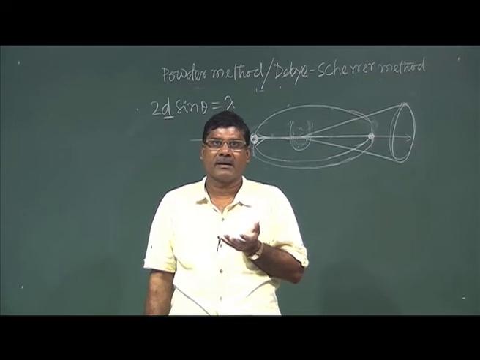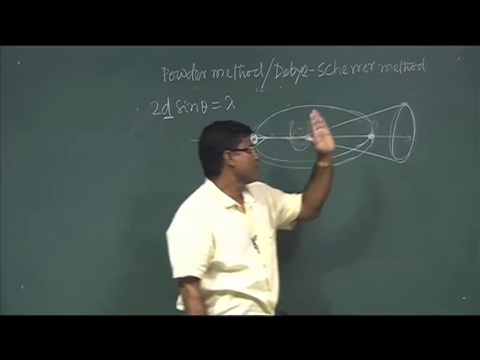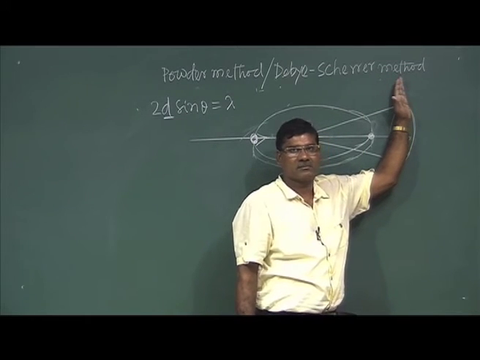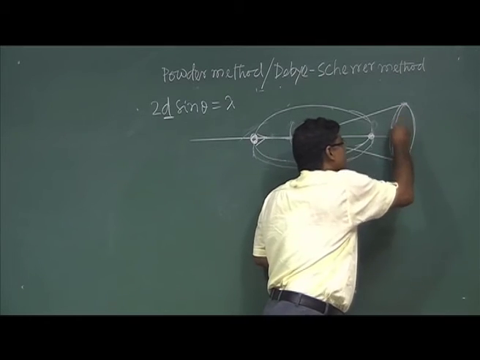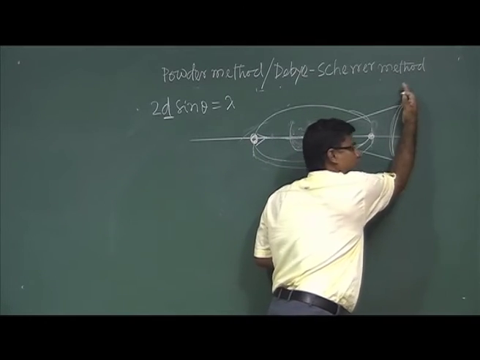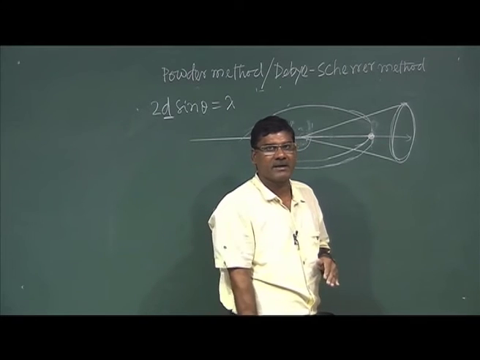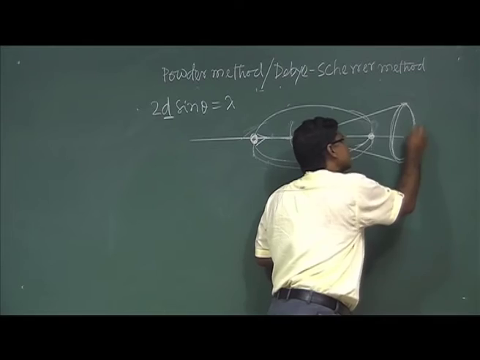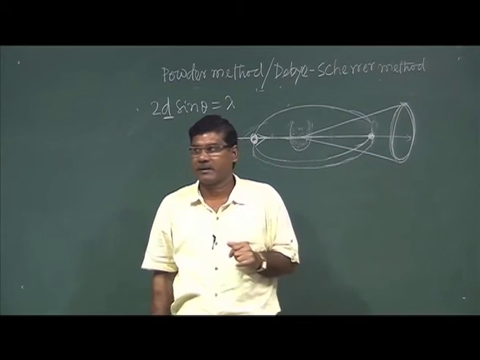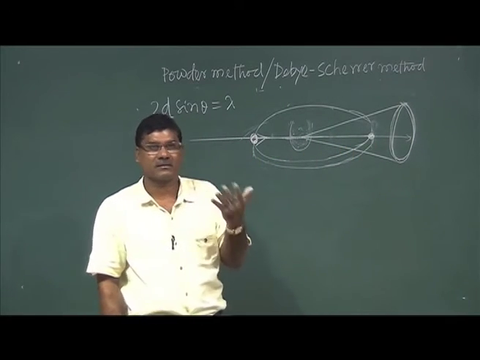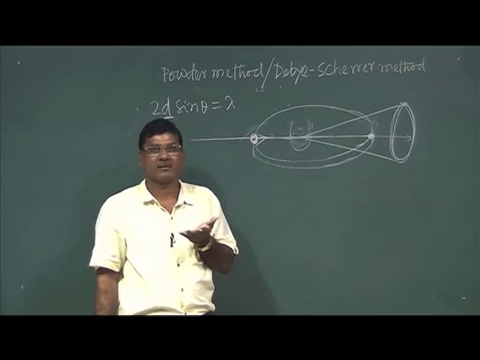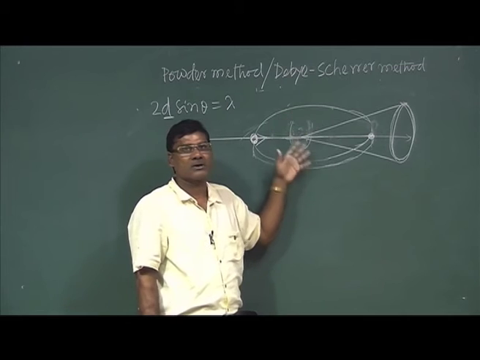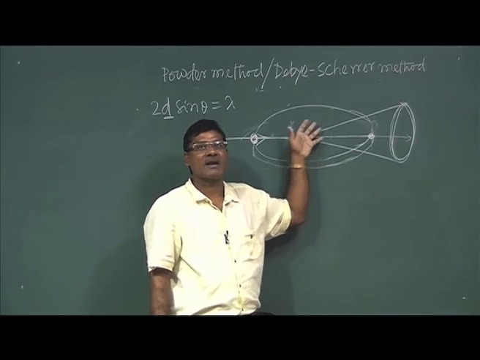And if I put a screen here, what will I see? I will see a circle. This circle is basically for the 111 plane, right. Similarly for another plane, say the 100 plane, it has all sorts of angles, so it will give another circle.